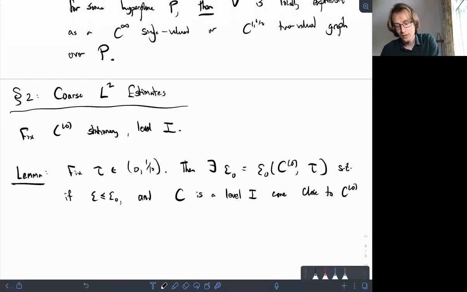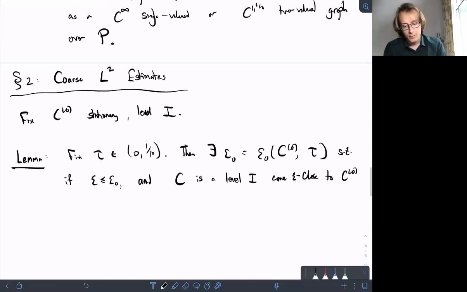So we just take the half planes and rotate them a bit. We don't make any stationarity assumption on this C. It's just a nearby cone with the same number of half planes and multiplicities. So it's a level I cone, epsilon close to C0, and V is in this curly N of C0. So again, close cone, close V.